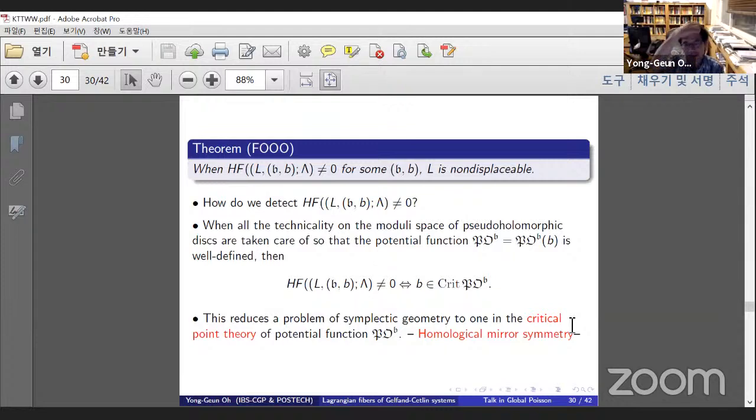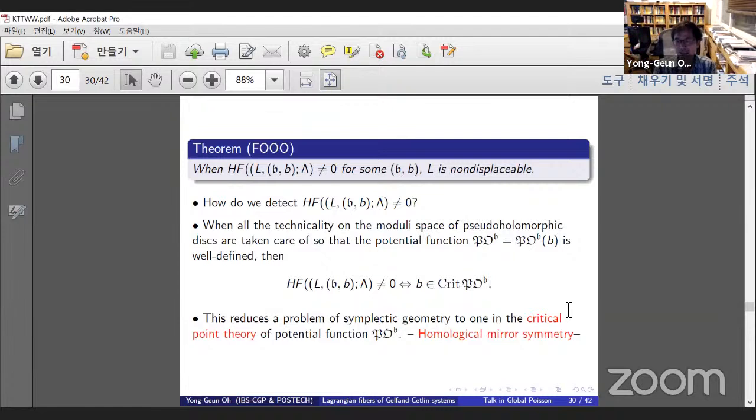These potential functions that appear in solving the Maurer-Cartan equations provide a very nice criterion for non-triviality of this Floer cohomology, thereby non-displaceability of the Lagrangian. In other words, some symplectic topological phenomenon is completely determined and can be seen by the critical point theory of some non-Archimedean analytic functions.